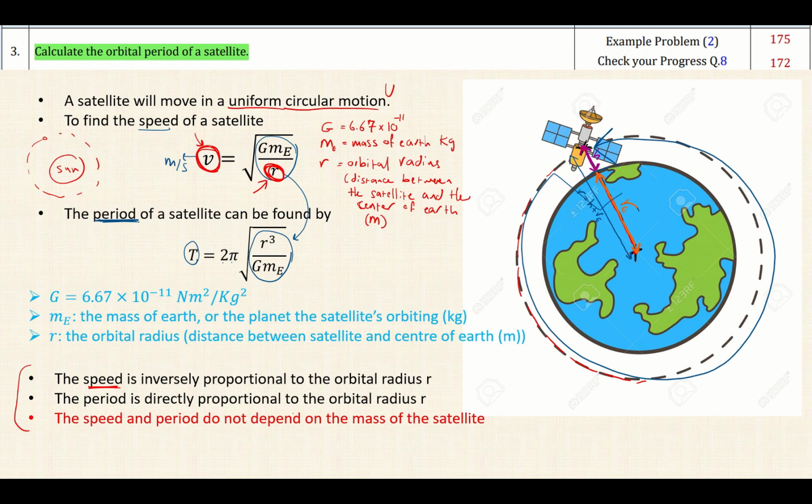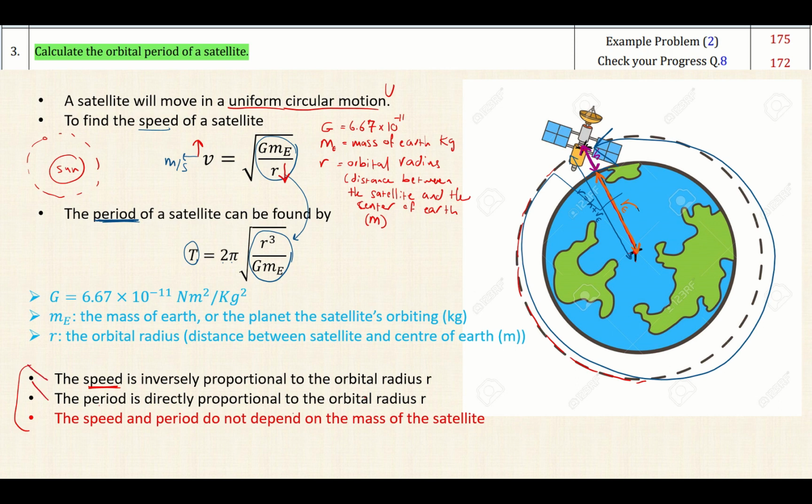Because they are in different spots in the equation, the relationship between them is inverse. That means if the orbital radius increases, the speed of the satellite decreases. And vice versa, if the orbital radius decreases, that means the satellite is closer to Earth, then the speed of the satellite will increase. So this is the first thing we conclude.